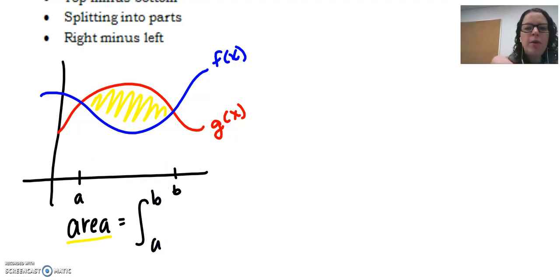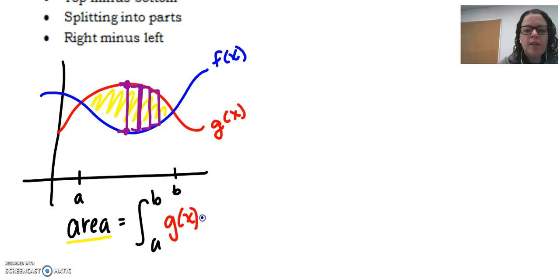And then you want to think about a representative rectangle I would draw from here to here, right? That would be a rectangle. And ideally, those rectangles are getting infinitesimally smaller, that dx concept, Riemann sums, etc. So thinking about these rectangles, my height is going to be this red curve minus this blue curve everywhere along that interval.